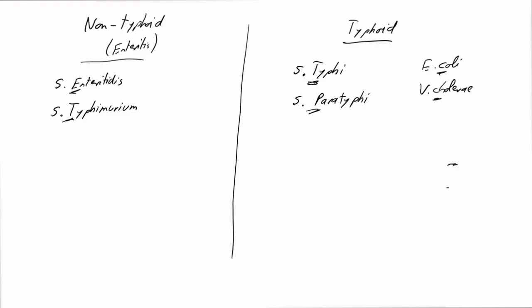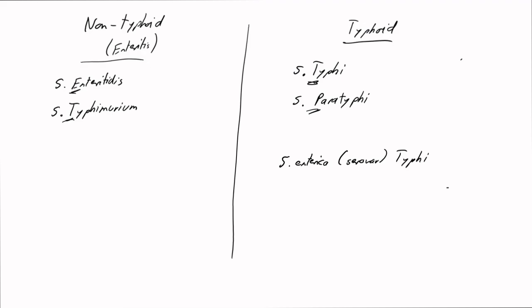The reason for this is that what I'm showing here in Salmonella is not actually a species, but what is indicated by this capital letter is the so-called serovar or serotype. So the proper way of saying Salmonella Typhi would be Salmonella enterica serovar Typhi.